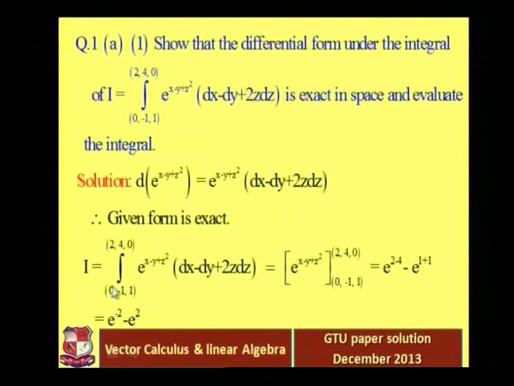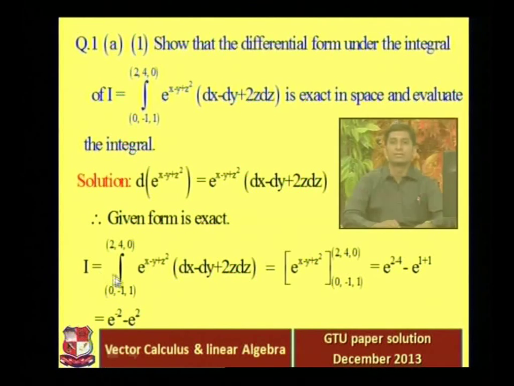Now evaluate the integral. The integral from (0, -1, 1) to (2, 4, 0) of e raised to (x - y + z²) into (dx - dy + 2z dz). Since this is exact, the integral of this part is exactly e raised to (x - y + z²), because the derivative of e raised to (x - y + z²) equals this term.